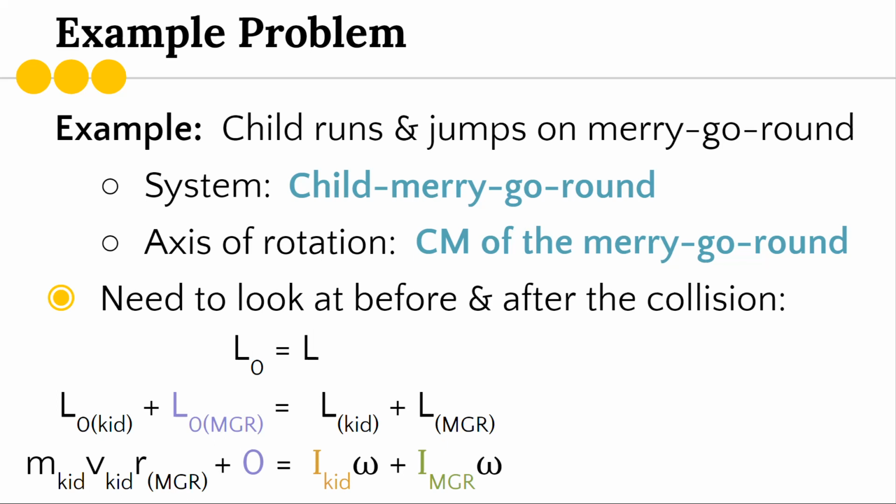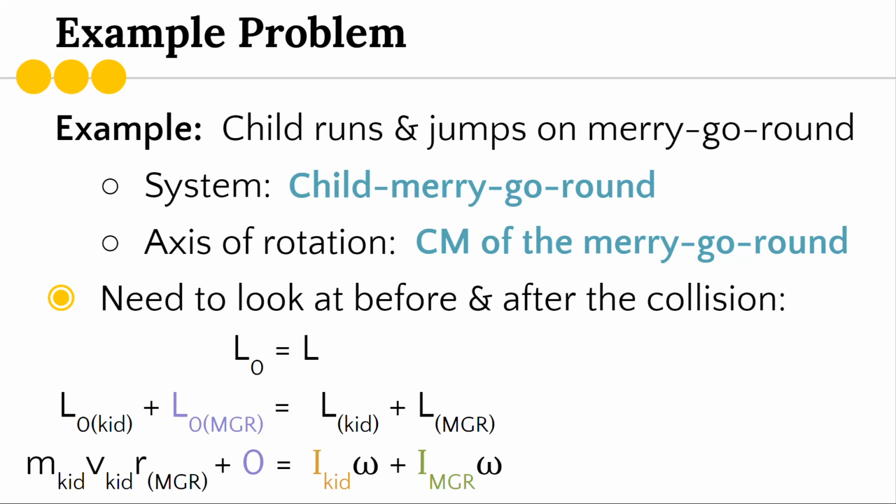That is the initial angular momentum of the kid, plus 0, because the merry-go-round isn't moving initially, which would equal the angular momentum at the end: the kid's moment of inertia multiplied by the angular velocity, plus the merry-go-round's moment of inertia times its angular velocity. Because they're now stuck together, they will have the same angular velocity, since the kid is now on the merry-go-round after they collide.